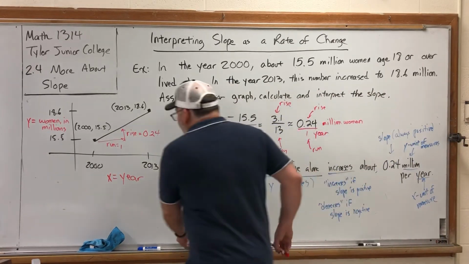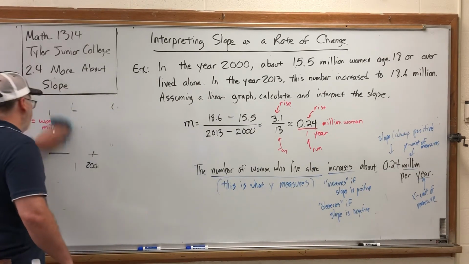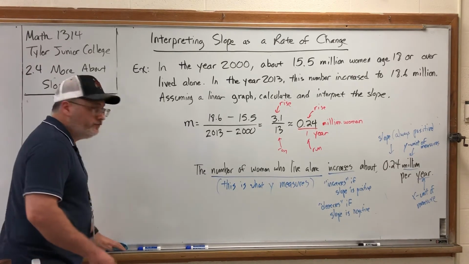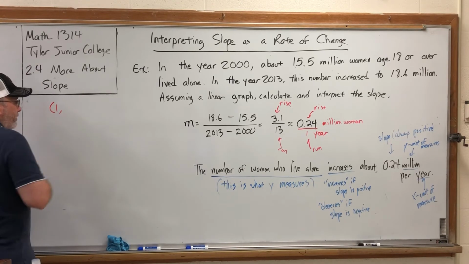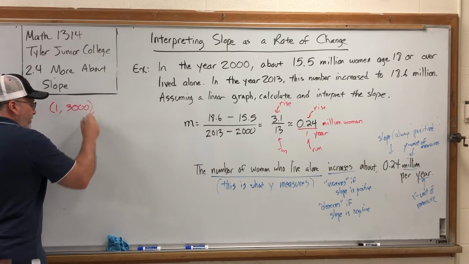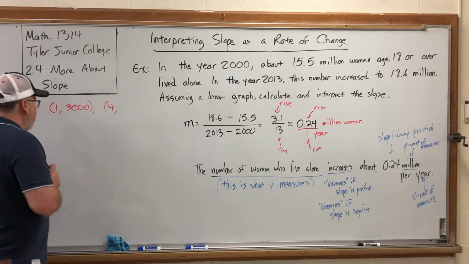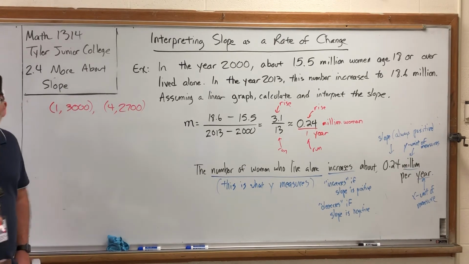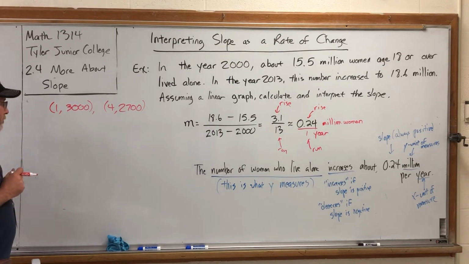For example, let's say that we were doing something like this, but we were calculating how much your salary changed per month. So let's say that in month 1, your monthly salary was $3,000, and in month 4, your salary went down to $2,700, maybe because you had a signing bonus or something that slowly deteriorated over 3 or 4 months.